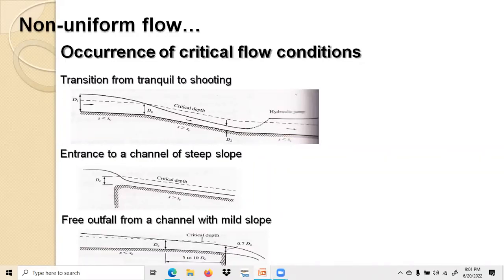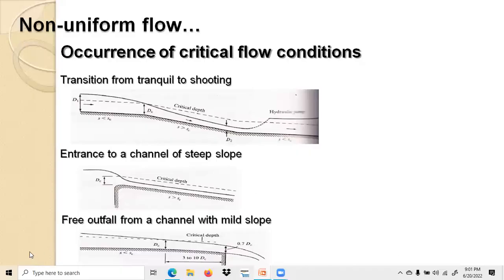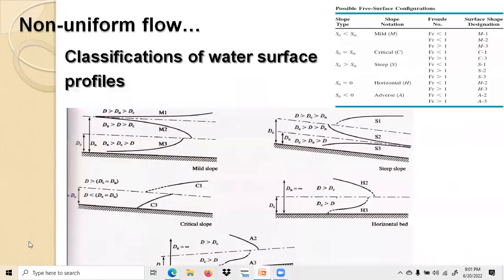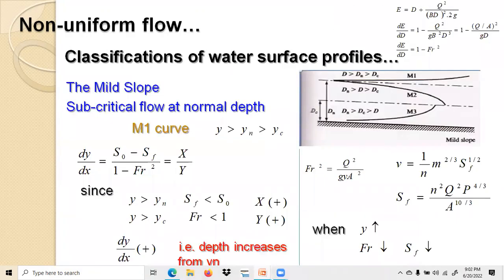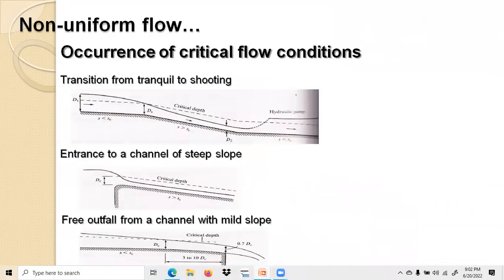The reason is, now if you take channel flow, suppose that you have flow in an open rectangular channel. It might be having a particular steady discharge.